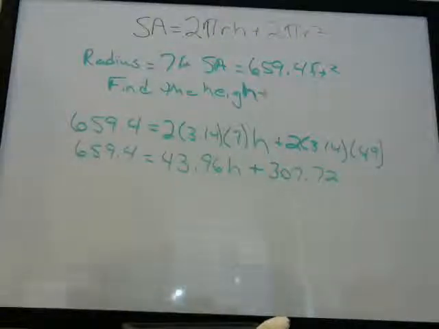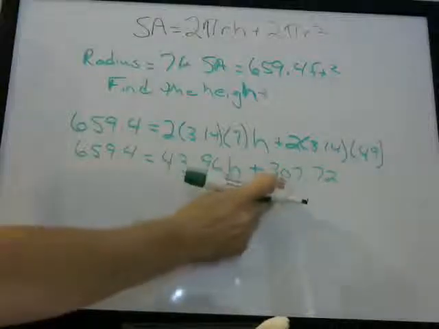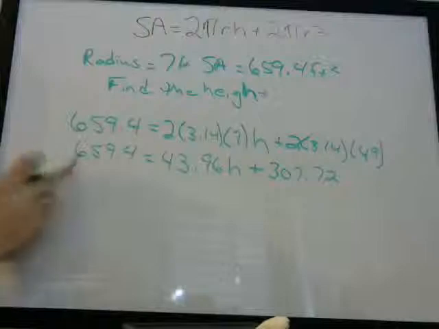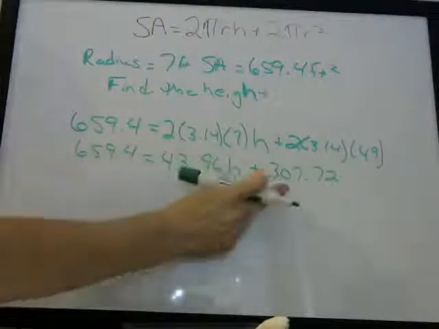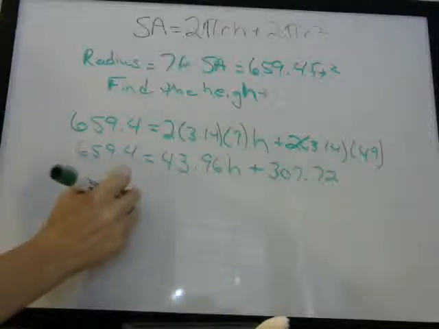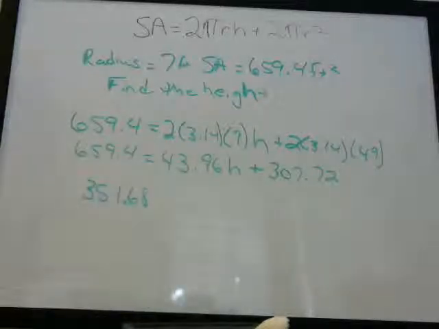Now we have an algebra problem where we're trying to solve for h. How do we do that? We first get rid of 307.72 by subtracting it from both sides. So 659.4 minus 307.72 gives us 351.68. If you don't know how to solve algebra problems, you need to watch that video.